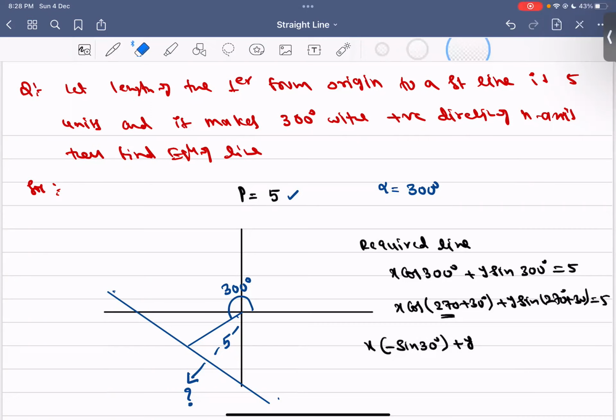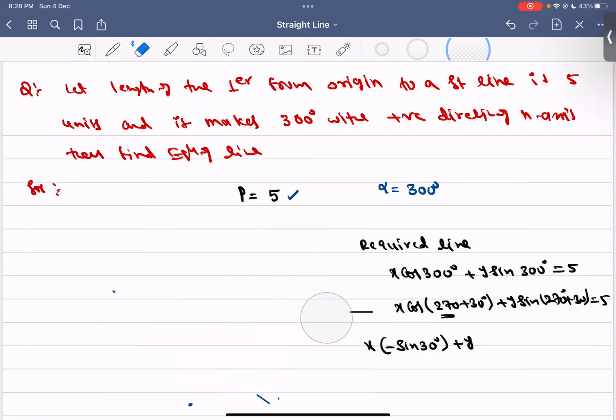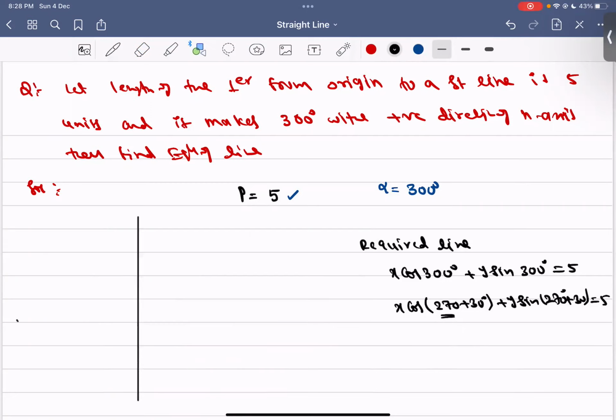Yes, sir. Okay, we'll correct it. Sorry, 270. I thought it was 180. Okay, now therefore the diagram will be like this: 270 plus 30, right?